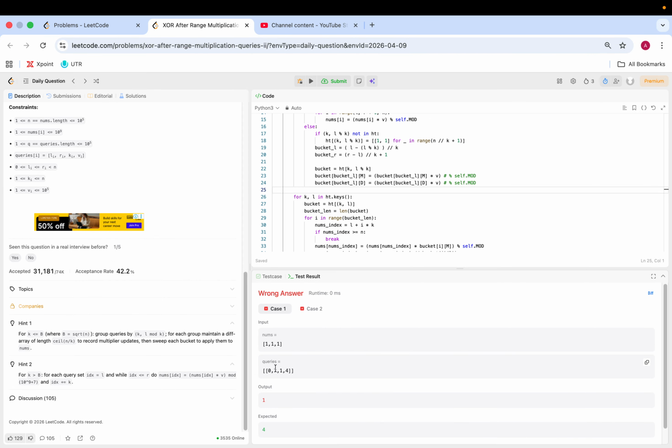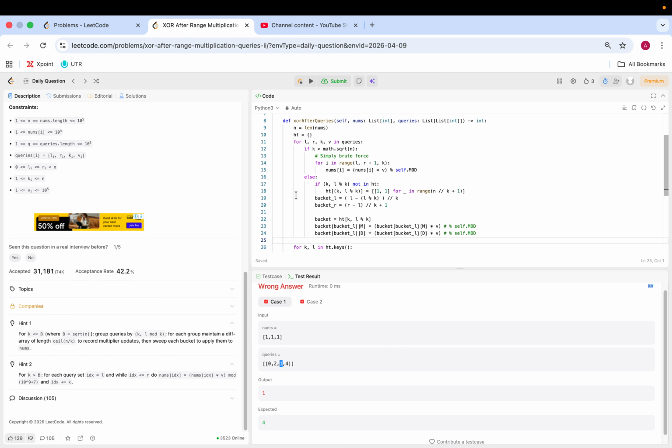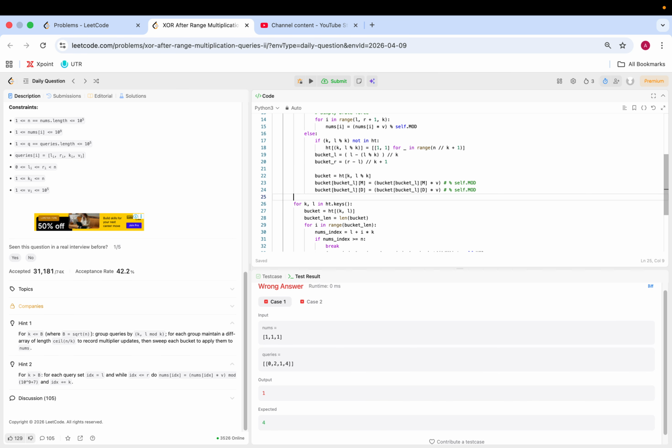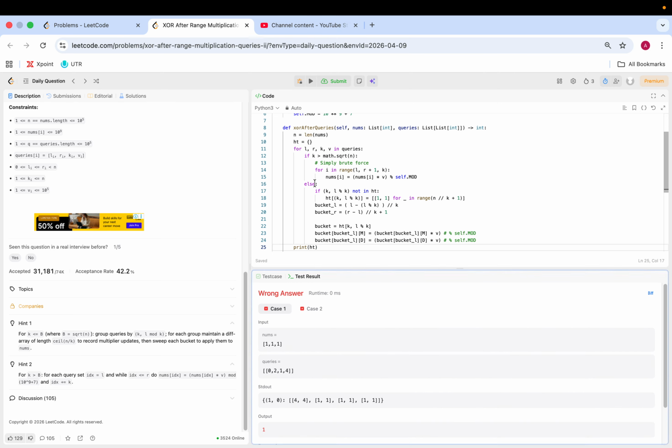Which query would it be? The jump size is 1, the k value is 1, and the number of things is 3. So it would be smaller than square root. So it would be this. So let me print the hash table and see what it looks like after all this processing.